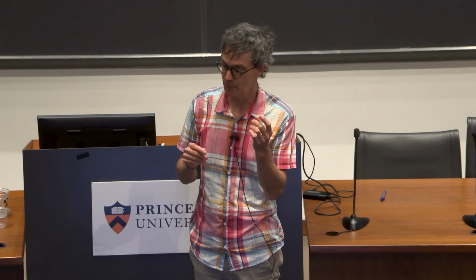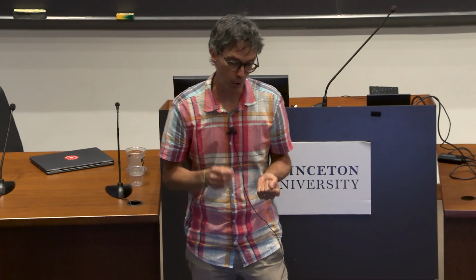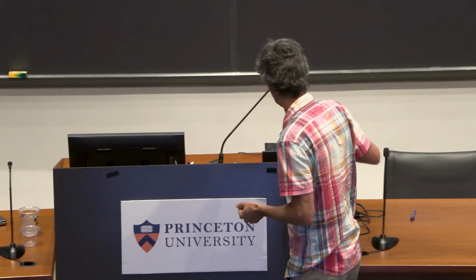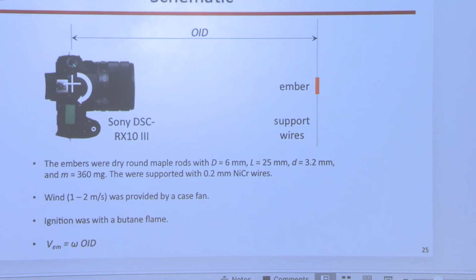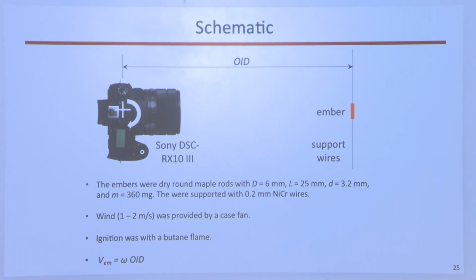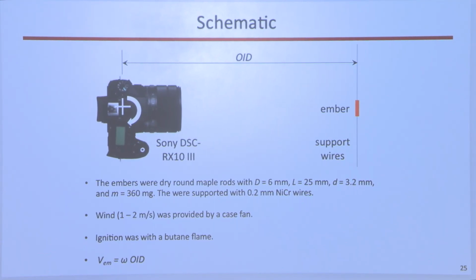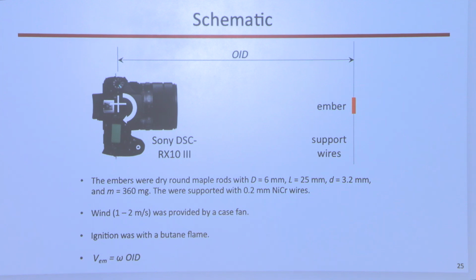This is the paper where we actually spun the camera, as I mentioned, and generated streaks across the camera to see if those streaks had the same temperature as what you would get if the camera weren't spinning. So this is a schematic. It's the same camera, but it's now on a motor and a shaft that can rotate, at about 1 hertz. And the ember is the same ember as before on a support wire, glowing but stationary.